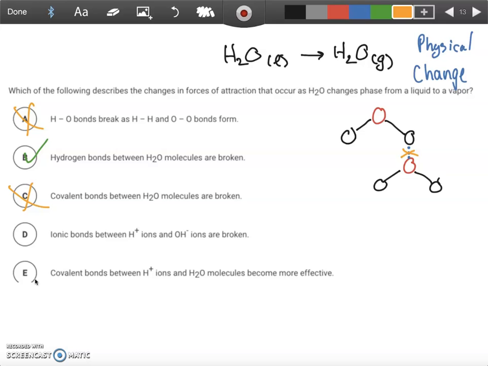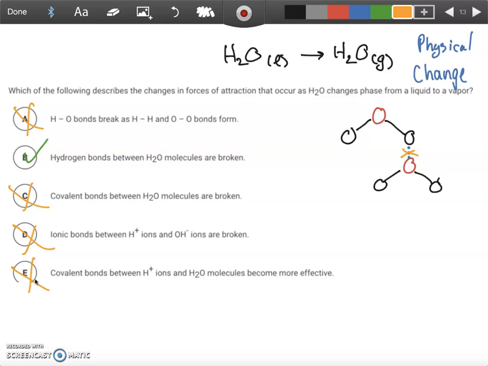H2O is a polar covalent compound, so this is not going to work. The covalent bonds between H plus ions and H2O molecules become more effective. Well, we're not going to have H plus ions anywhere in here because this is not an ionic compound. So this answer is not good. That means B is the correct answer here.